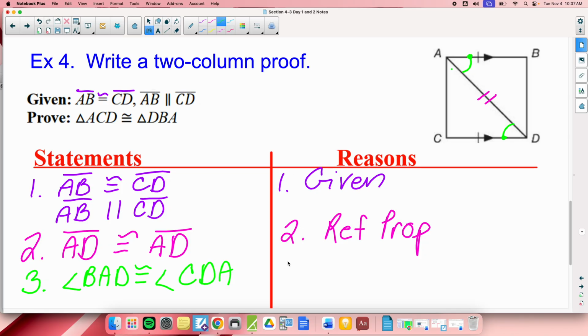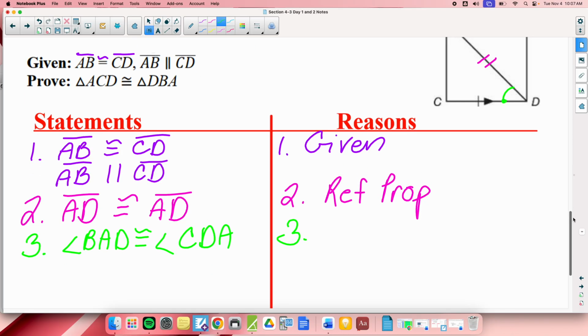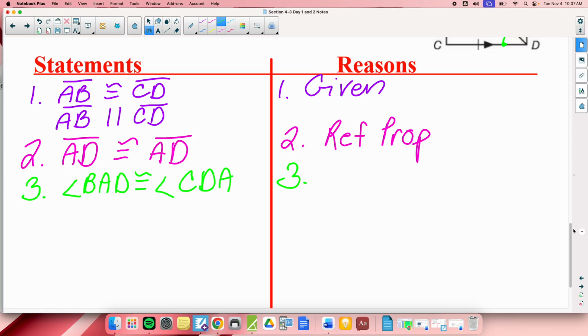Either way. And now this one is alternate interior angles theorem, and here's how I abbreviate it. I do alt, int, angles, and for theorem, I do THM. You do have to write theorem there.